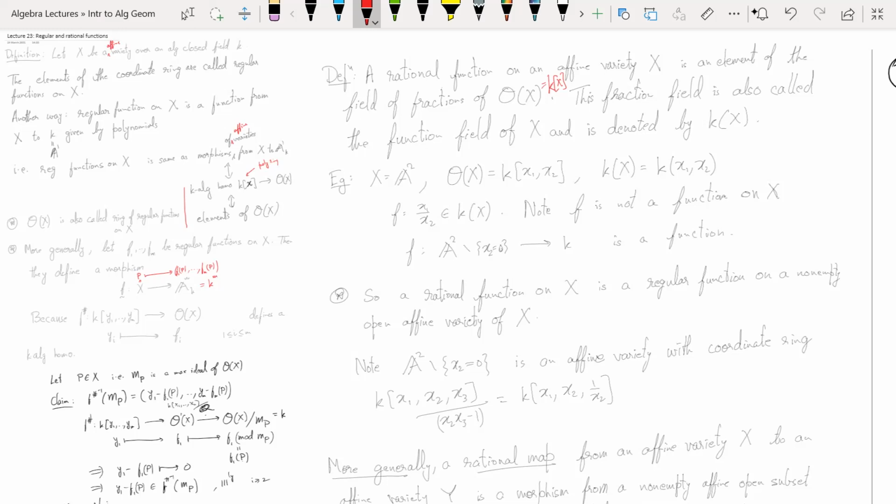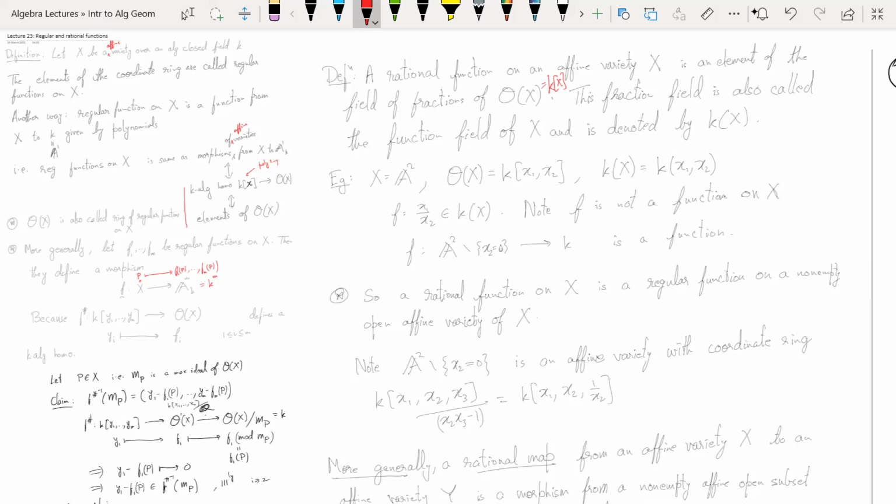But then we also see functions like x1 over x2. Of course, these functions are not defined on the whole of the plane. These are rational functions, and we say that it's not defined when x2 is 0. But we still study these functions. These are nice functions. We try to graph them and so on. In BMath, sometimes they ask you to graph such functions. So it's not a function on the whole of X, but it still makes sense, let's say away from x2 equals 0.